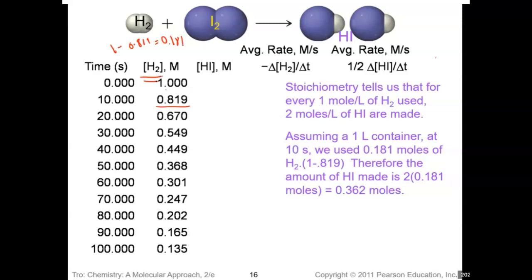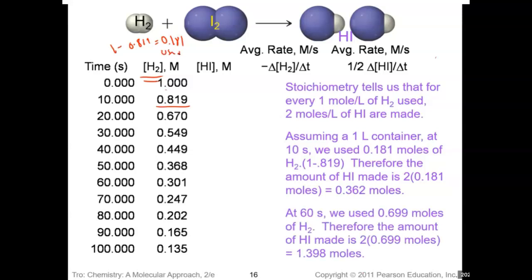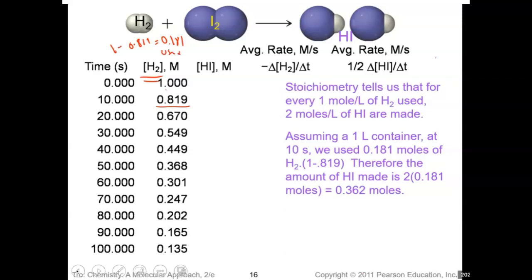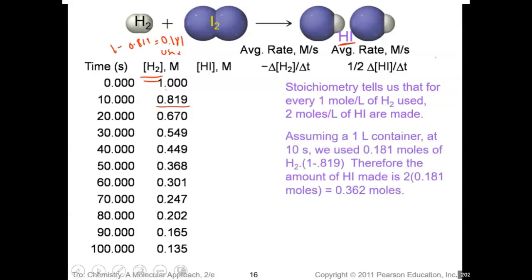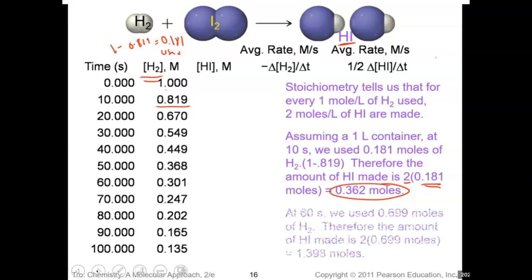So if we used 0.181 moles of H2, that means that because of the stoichiometry coefficient, there's 2 HIs. So how much HI did we make? We made 2 times that amount. So we actually made 0.362 moles of HI in the first 10 seconds.